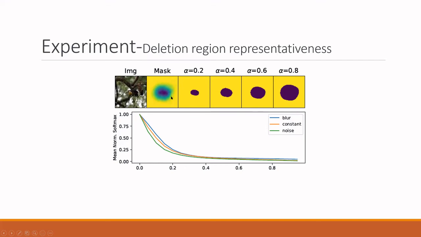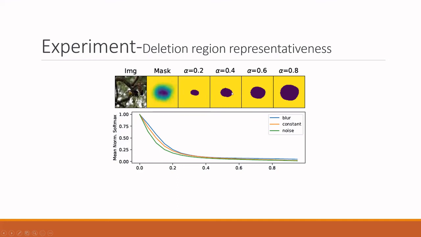Let's just delete this bird region, and the confidence, which is the normalized softmax, decreases very fast from 0 to 0.2. That means this region contains a lot of the major information. If we expand alpha from 0.2 to 0.4, they increase the annulus region.